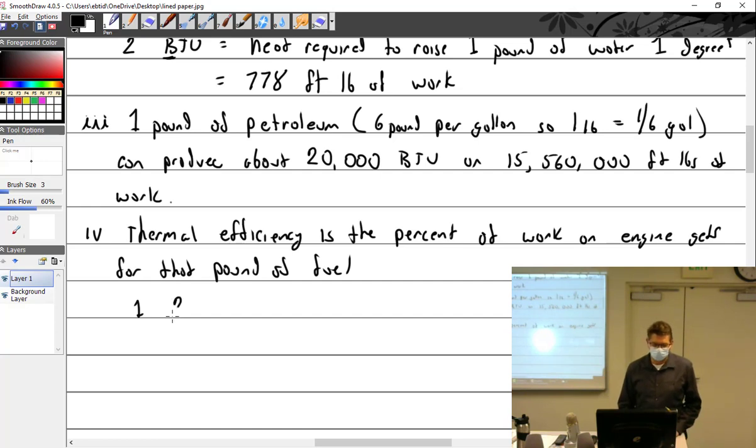Well, about 20 to 30% is used for power. That's not very good.